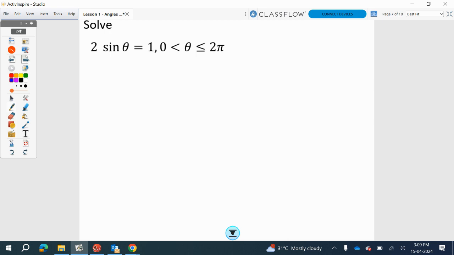All right, some solving equations now. We need to solve this equation. I'm going to do it without a calculator. So let's rearrange the equation to sine theta is equal to a half. We need our exact value table for this one. So let's pull up the exact value table: 0, 30, 45, 60, 90. That is going to be the sine values, cosine values, tangent values.